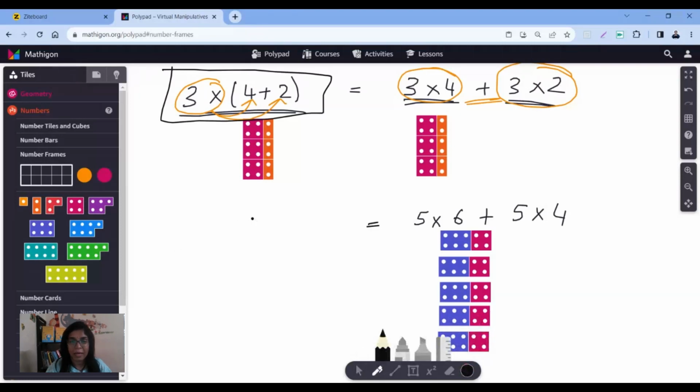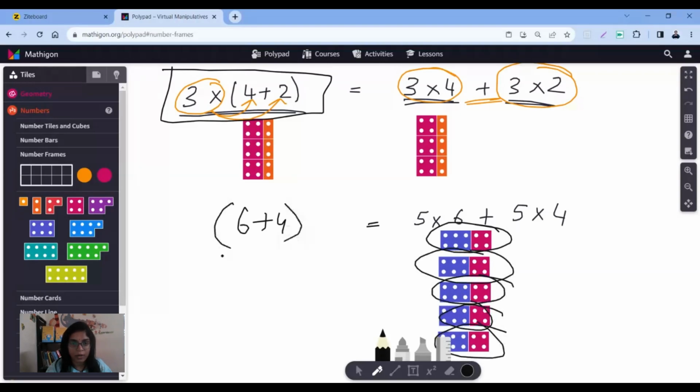Yeah, see what happens? 6 plus 4, how many times is it? It is coming 5 times. So 6 plus 4 is there 5 times.